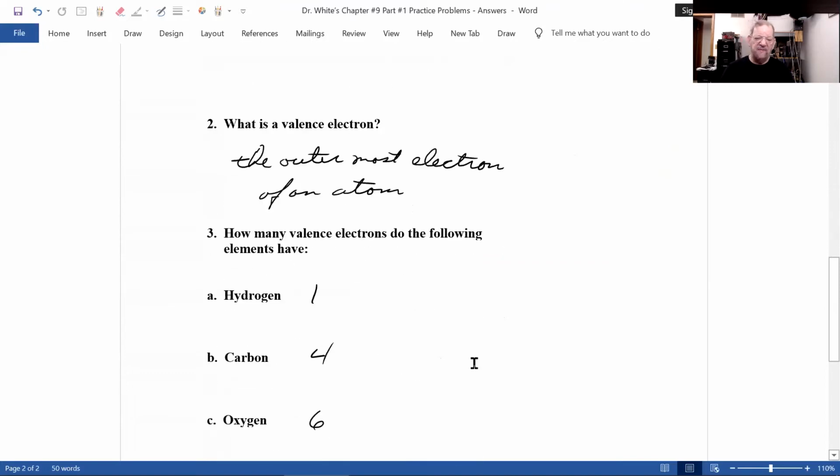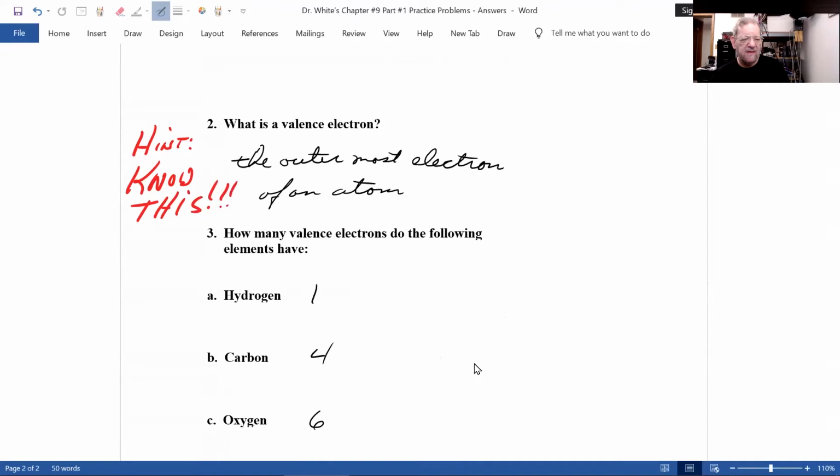Now, another important area that we talked about in this chapter is the valence electrons, and you should know what a valence electron is. The valence electron is the outermost electron or electrons of an atom.